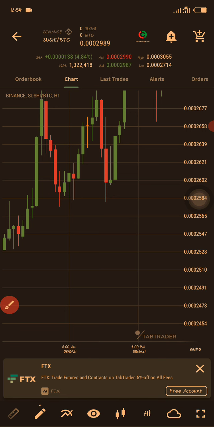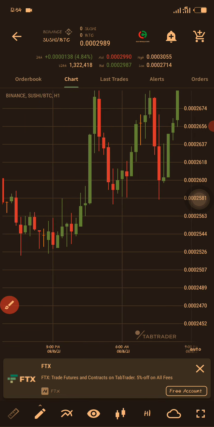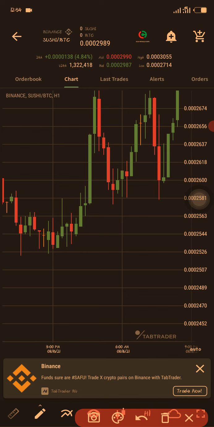Let me not go into that now. This is an inverted hammer. See, it formed all this.